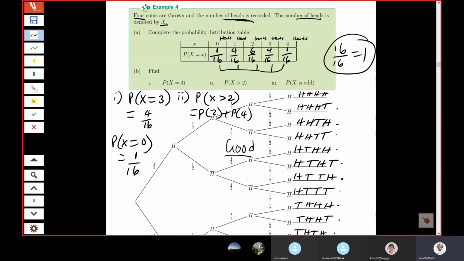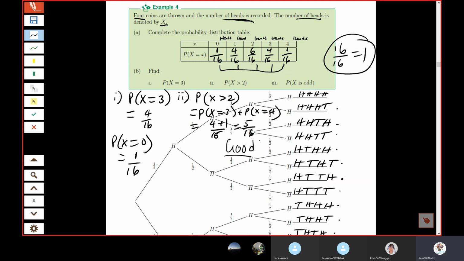You can't technically write it like this because you're doing distributions, it's annoying like that. X equals 3 plus X equals 4, and that equals 4 plus 1 out of 16, which is 5 out of 16.